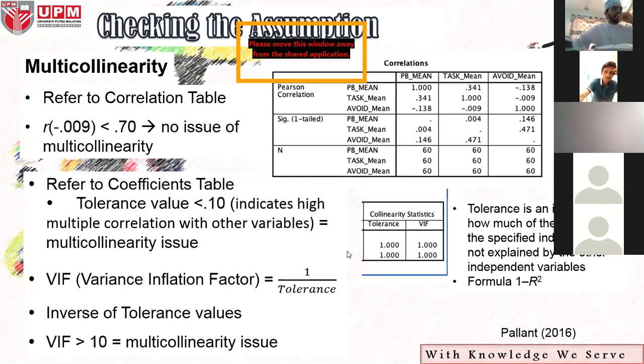So you just insert the VIF value into this equation, and if the VIF value is larger than 10, then it refers to a multicollinearity issue. So in this case, based on the VIF, tolerance and correlation value, there is no multicollinearity issue. So far so good.